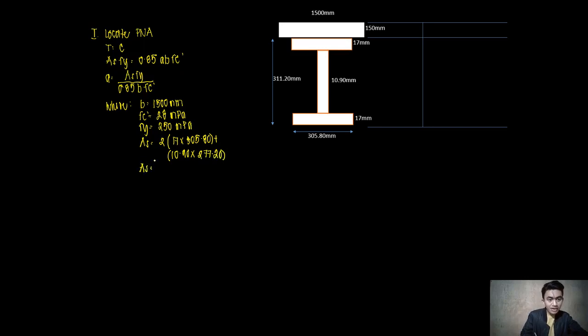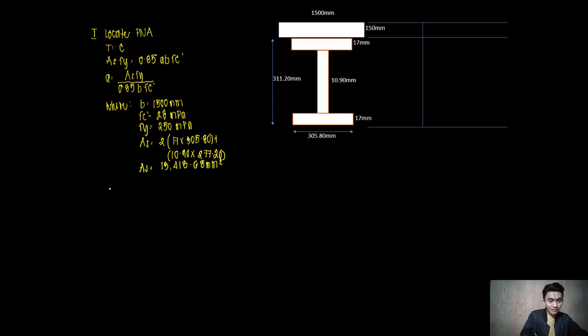Therefore, the area of our steel section, input that on your calculators, 10.90 times 277.20, I will have 13,418.68 millimeter squared.